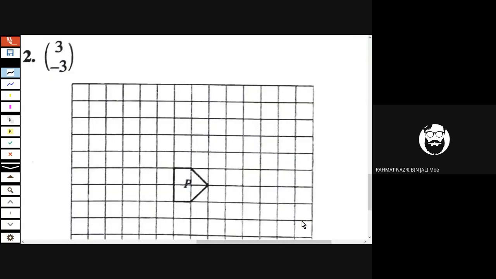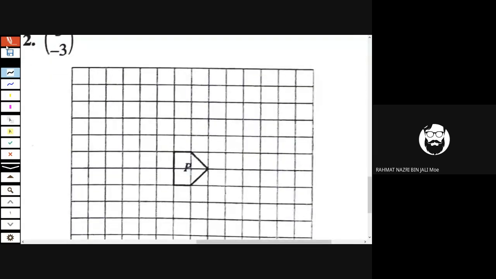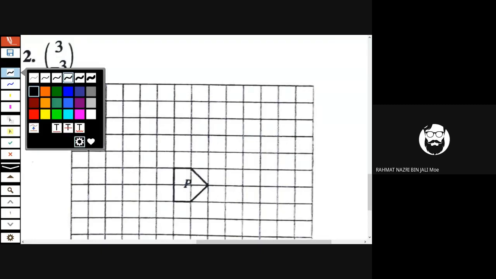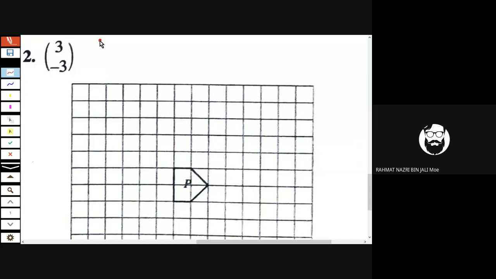Okay. Kemudian B. Nombor 2, 3. 3 maksudnya positif 3. Jadi positif 3 di sini maksudnya 3 unit or 3 boxes to the right. Ini negative 3, unit or 3 boxes downward.